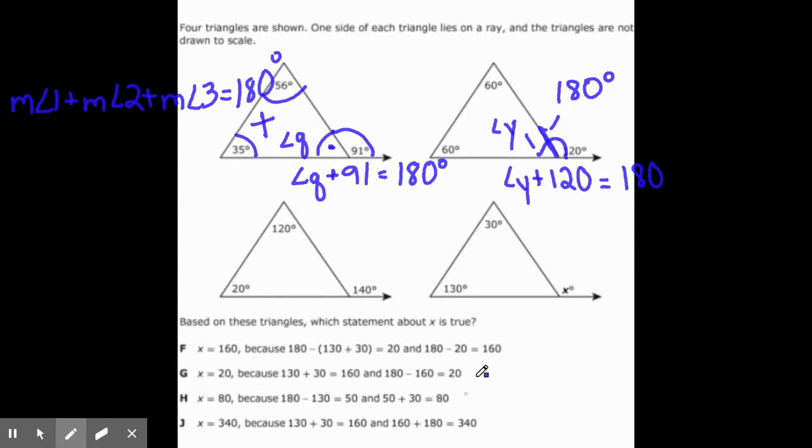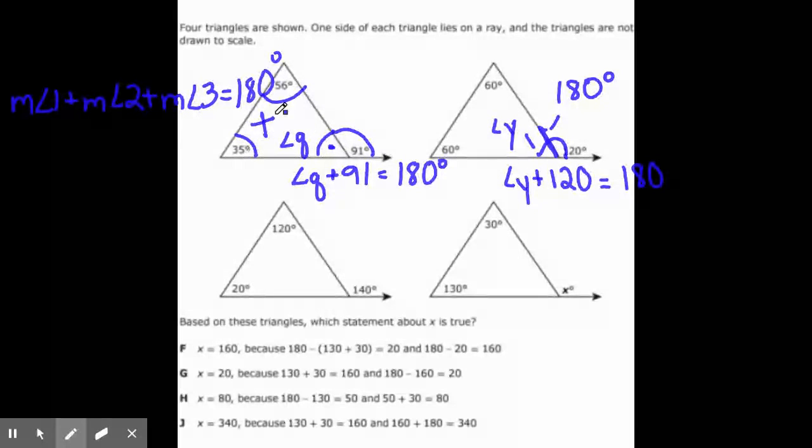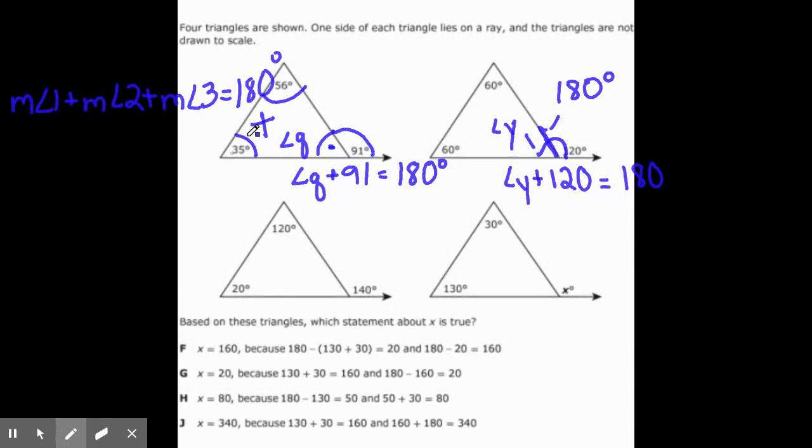All right, so notice that they both require angle Q. All right, so angle Q plus these two would equal 180. Angle Q plus 91 would equal 180. All right, so we can establish the missing exterior angle by adding the two non-adjacent interior angles.